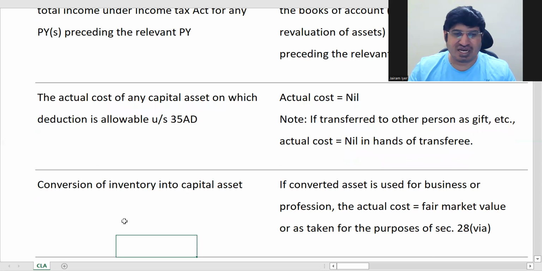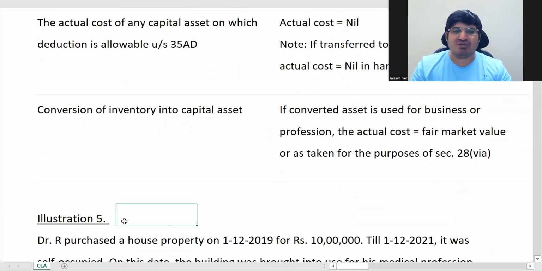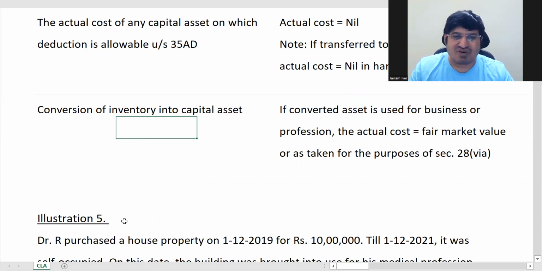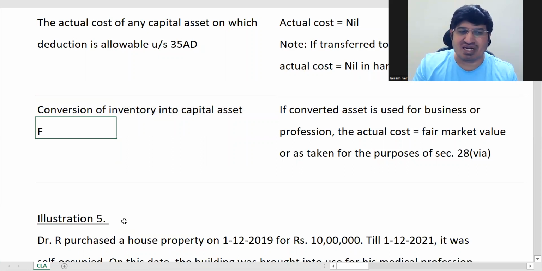Clear. And next is the last one, conversion of inventory, meaning stock, into capital asset. We will study the provision for this also, as we have a separate provision. Here, if you convert inventory into a capital asset, you just take its fair market value on the date of conversion.